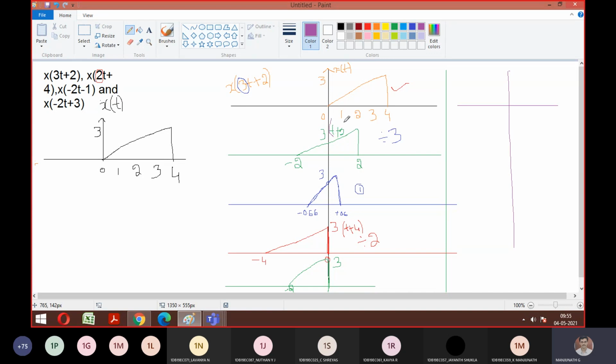This graph is for t plus 2 and this graph is for 3t plus 2. Mention the things in the y-axis clearly. That will tell you what you have plotted. Likewise, do it for all the sketches. Here also you're done for the second question, this is your 2t plus 4. Try to cover this with the x-axis, so it will tell you what we have sketched.